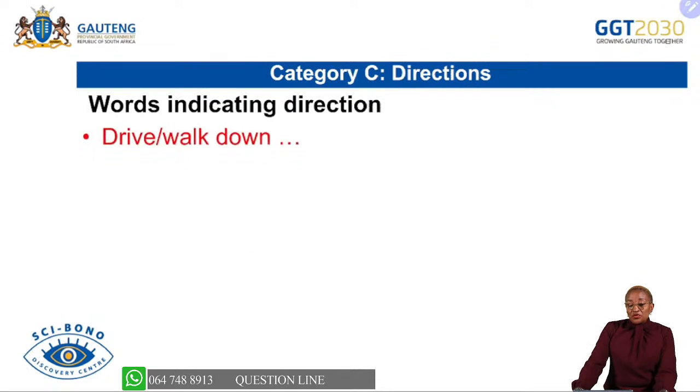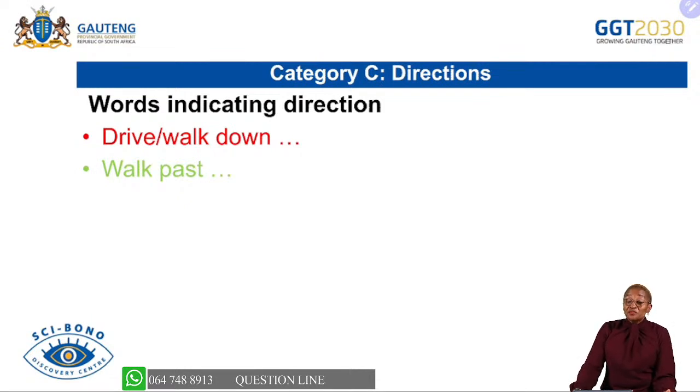The words that we normally use when we give direction. These are just phrases that you may use as you give directions. Drive or walk down Sally Street, for argument's sake. Walk past Nelson Mandela Community Library.